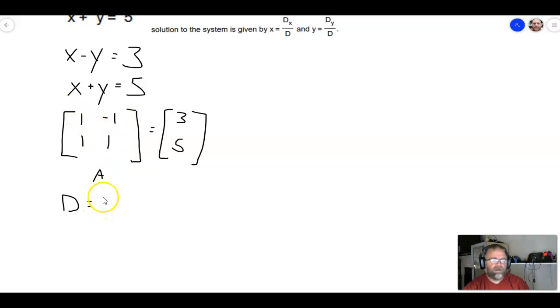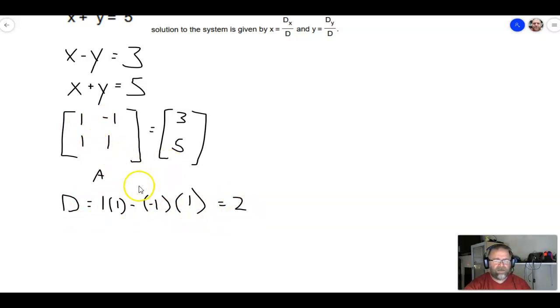So that's 1 times 1 minus this diagonal here, so that's negative 1 times 1. And that's how we find the determinant here. So this is going to equal 1 plus 1, which is 2. So the determinant of our main matrix here is 2.